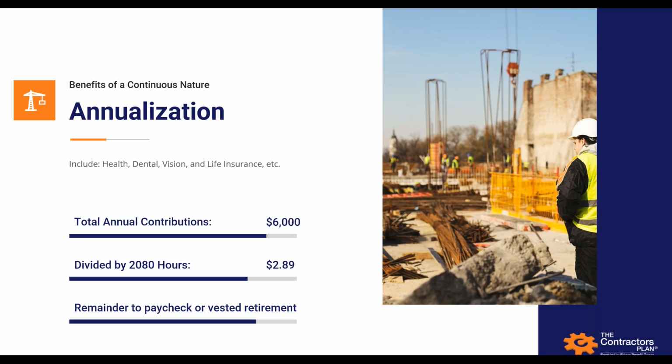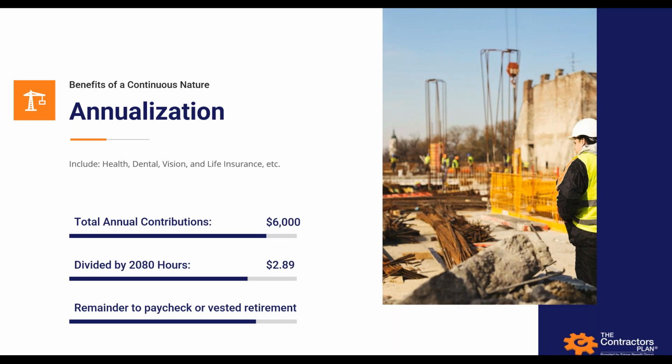And so the way that you as a contractor arrive at the amount to be annualized is that you take the total cost. In this example, it says $6,000. Maybe that's $500 per month times 12 months of health insurance. You divide that $6,000 by 2,080 hours. That gives you $2.89 per hour that you can take credit.